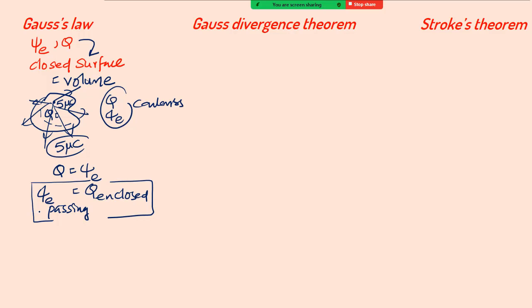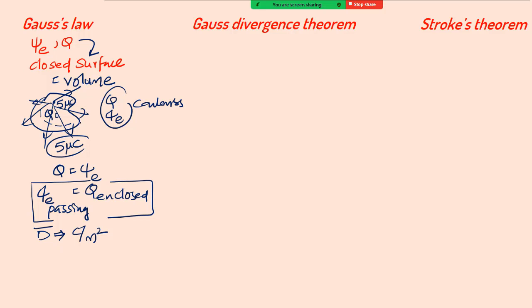Afterwards, we'll change the form of this particular Gauss law. We can write this electric flux in terms of the electric flux density D bar. D bar is the electric flux density which is measured in coulombs per meter square.